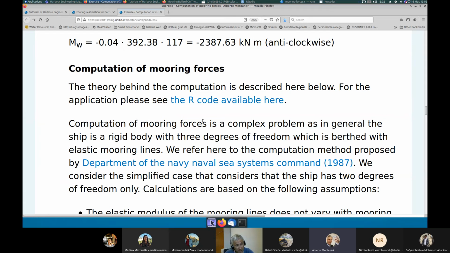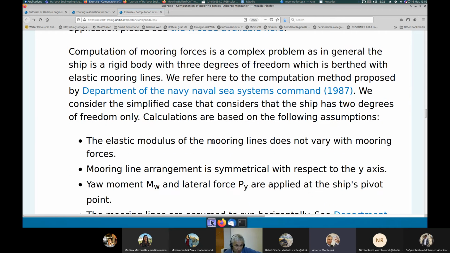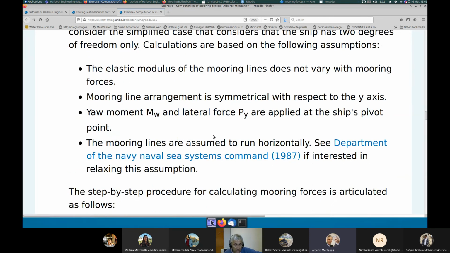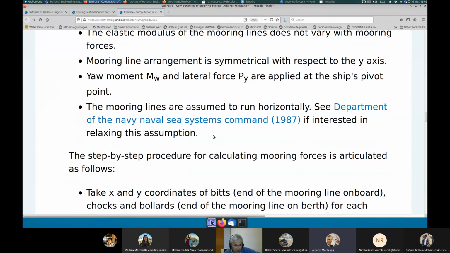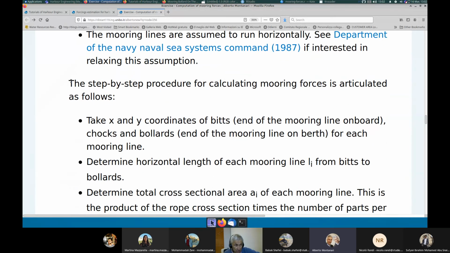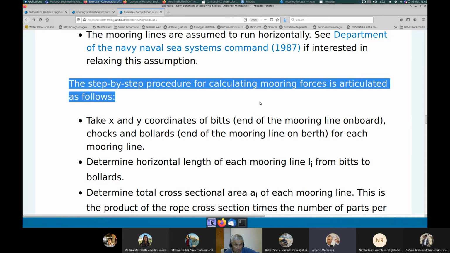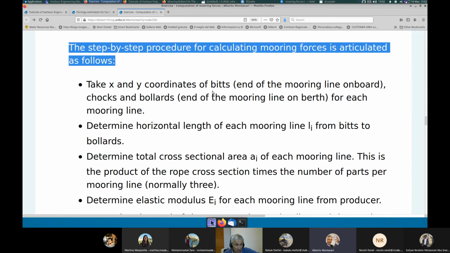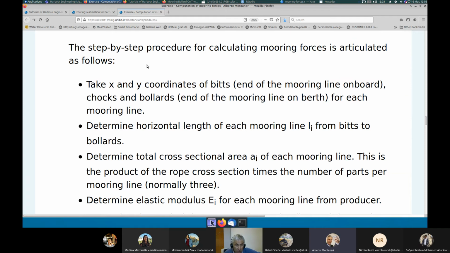And let me say that this computation belongs to the domain of structural mechanics. Okay, so here there is a description of what you have to do, but we are not going into the details. Here is the step-by-step procedure for computing mooring forces. As I said, this is a problem of structural mechanics.